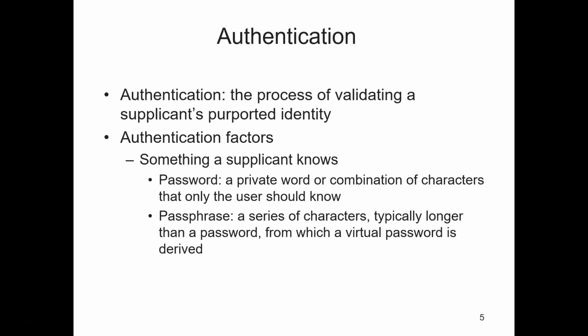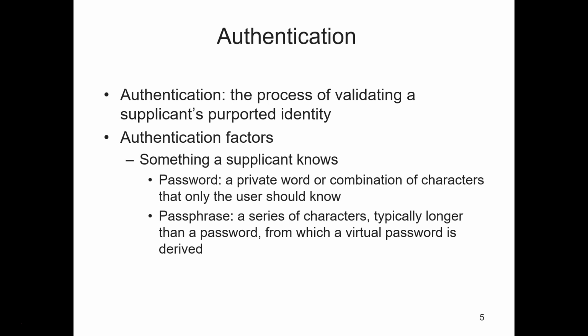Once a supplicant requests access, the supplicant's ID will be validated to make sure of their claim. This process is called authentication. The supplicant might know information such as a password or passphrase that only the user should know.